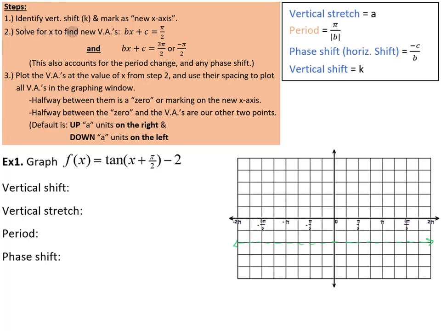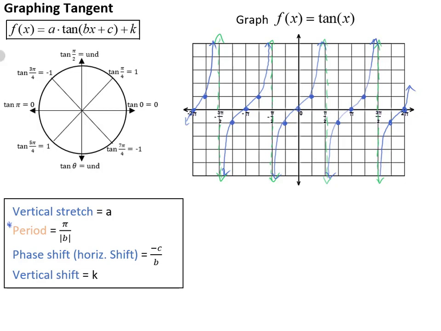Next, it says to solve for x to find our new vertical asymptotes. And so essentially what we're going to do is take these 2 values of tangent, where tangent is undefined. Okay, whoops, I forgot to write in. This is supposed to be 3 pi halves. Apologies. Those 2 places where tangent is undefined give me how spaced out the closest 2 vertical asymptotes would be.